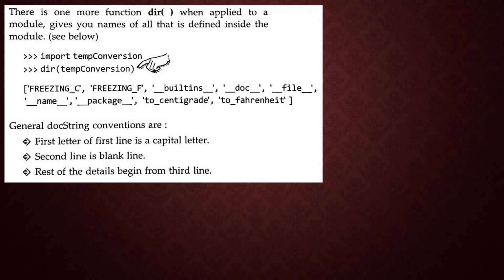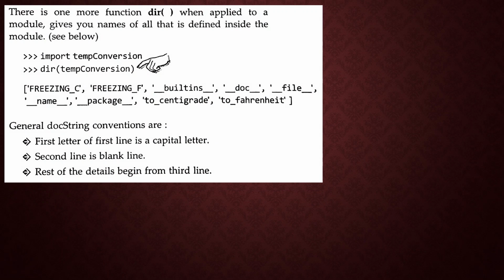Built-ins are the main or top-level function and some docstrings. File and name are both displayed, and packages, and two functions, to centigrade and to Fahrenheit. All those things are displayed by using the dir command.